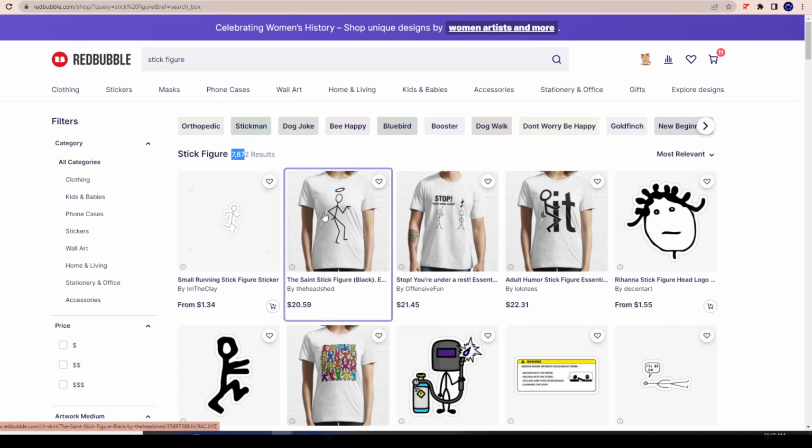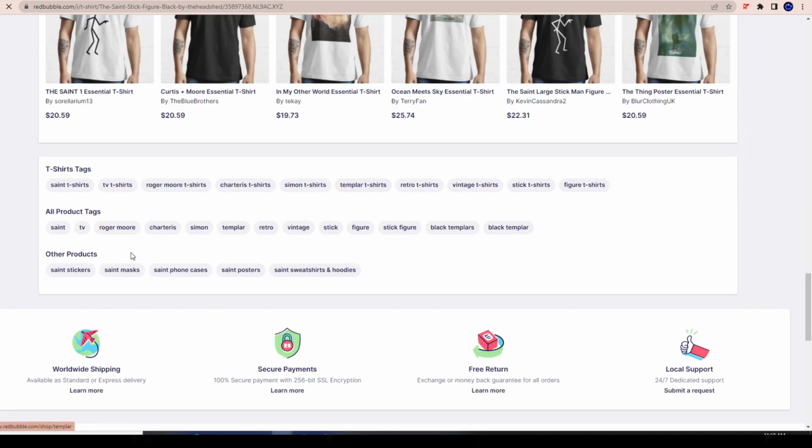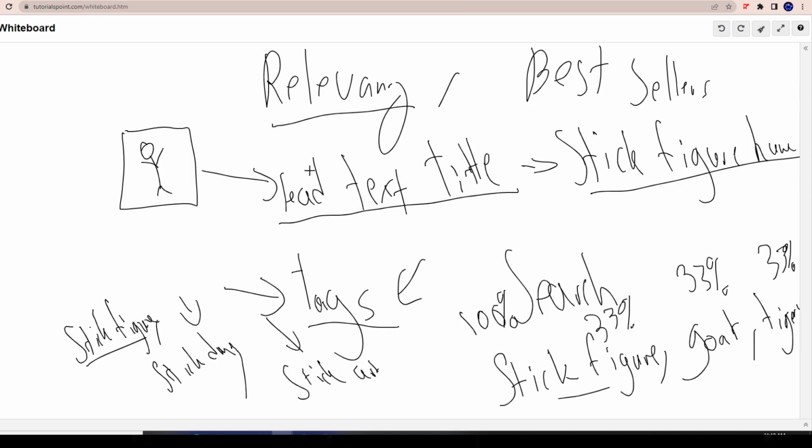Let's take a look at the tags, and let's say one of the tags is the word stick. The word stick is matched with 2 of our tags here, 3 of our tags here, so now this design is more relevant than this design for the word stick figure.